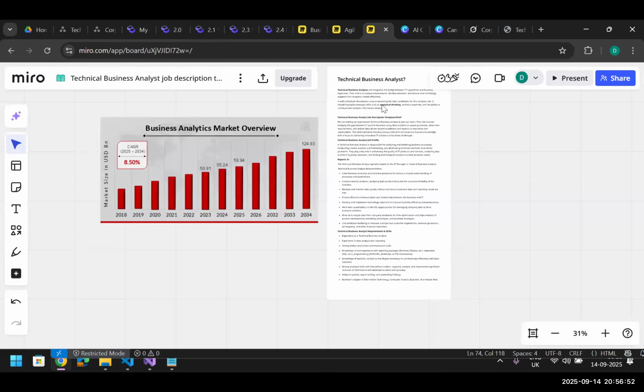At a high level, I copied this from something very recent, technical business analyst job descriptions, because I've observed many job descriptions, out of which I bring this very common one. Who is a technical business analyst? What does the profile look like, and what are the duties that are supposed to be carried out by a business analyst?